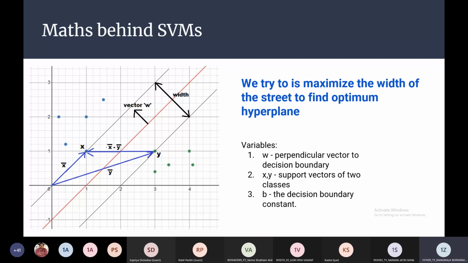So x minus y will basically be the distance between the margins. Now take x minus y in the direction of w, where w is a vector perpendicular to this decision boundary, of any arbitrary length. A dot product of x minus y with this vector w would give you the length of the street.